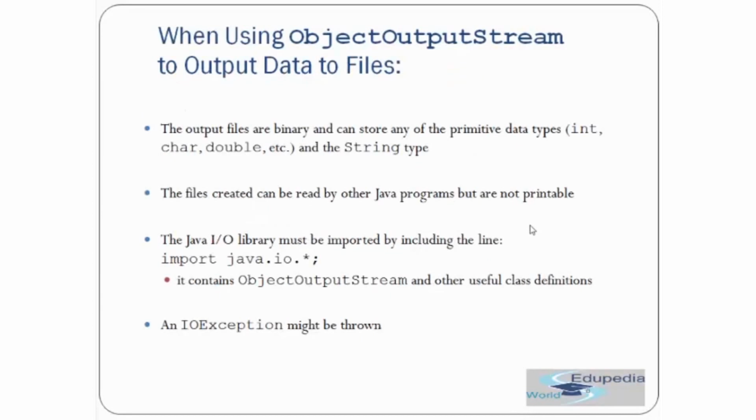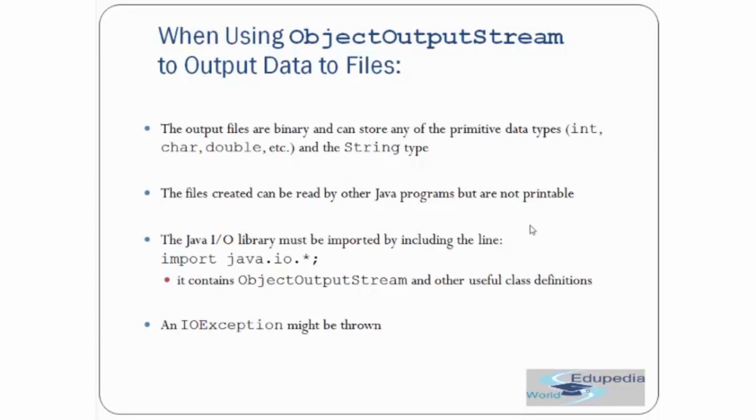Now, when using ObjectOutputStream to output data files, the output files are binary and can store any of our primitive data types like int, char, double, etc., and the String type. Files created can be read by other Java programs but are not printable. The Java IO library must be imported by including the line import java.io.*.